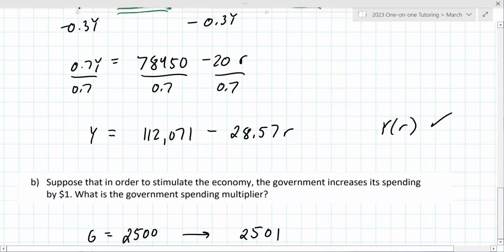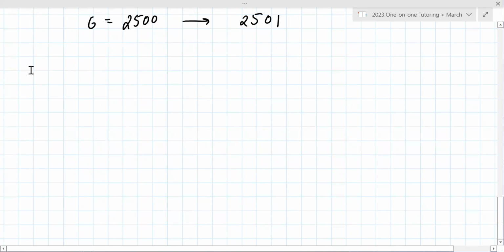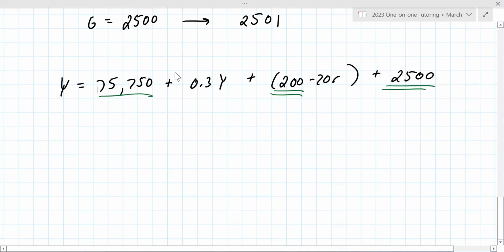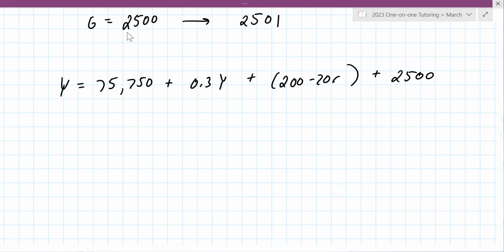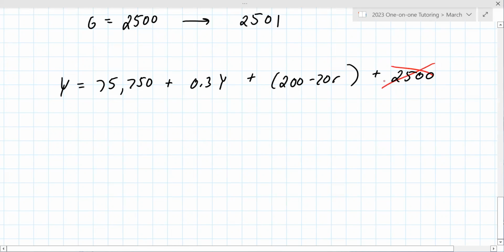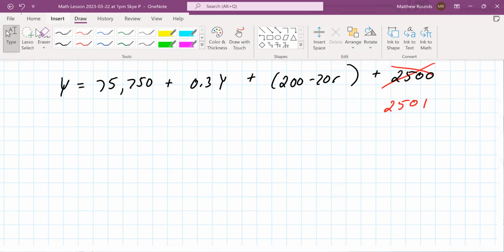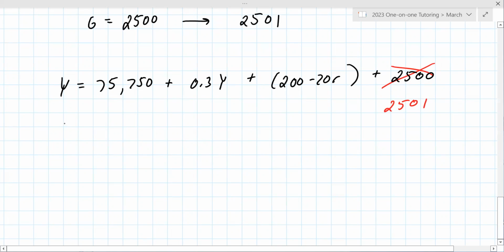One way to look at this is it's not just that this number could change. They could actually say any of these change, but that's maybe something just to think about. This number is now 2501, and then you resolve for y in the same way that we just did.